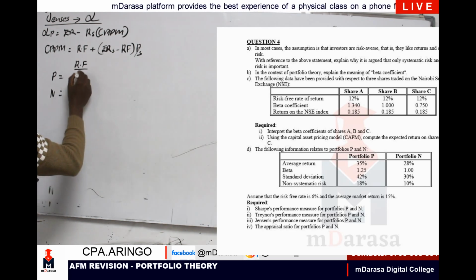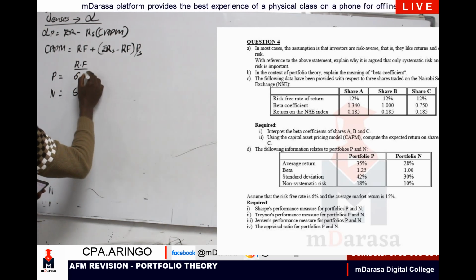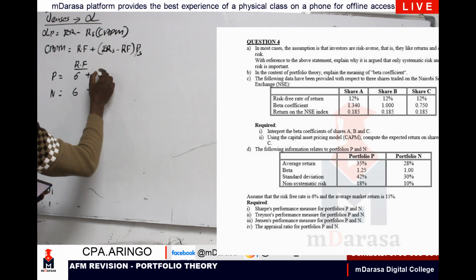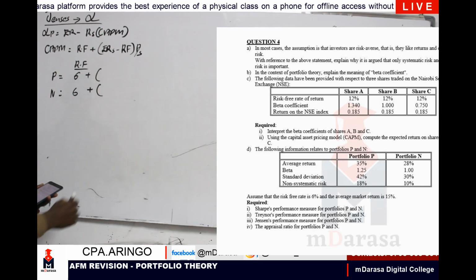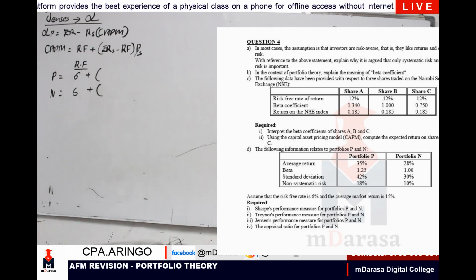So basically that is 6 plus the return. Here we are given the return of the market; a good examiner giving us the return, right?